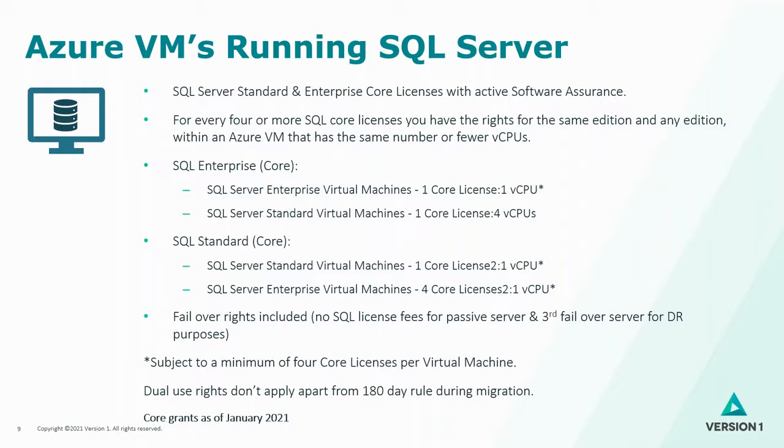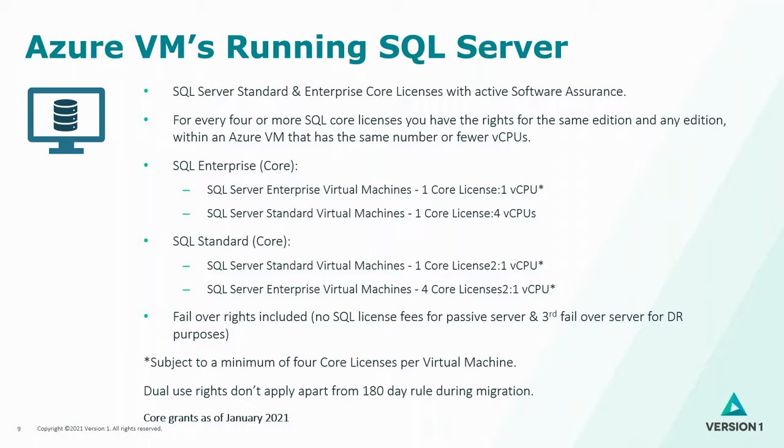So as of January 2021, and I always caveat these things by saying the rules are always subject to change. But currently, if, for example, you have a SQL Server Enterprise core license in your on-premises environment, for each SQL Server Enterprise core that you have, you will gain access to 1 vCPU core on an Azure VM.